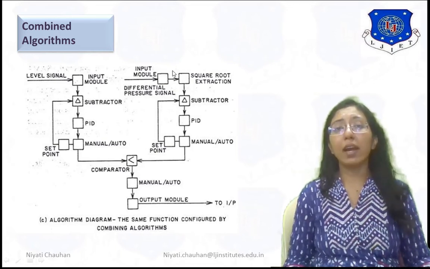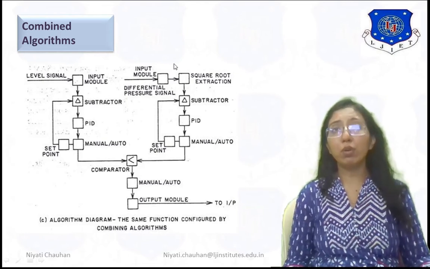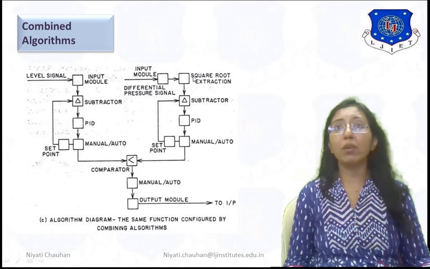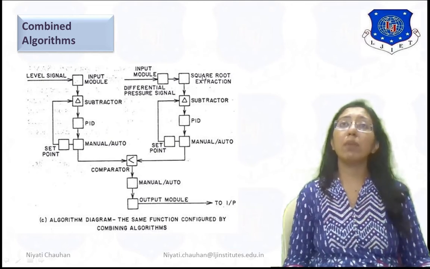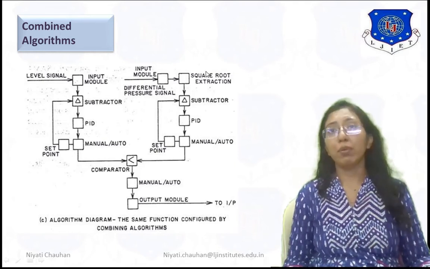On the other side, the differential pressure signal goes to an input module. Then from the input module the signal goes to square root extraction, which means output equals the root of the input.